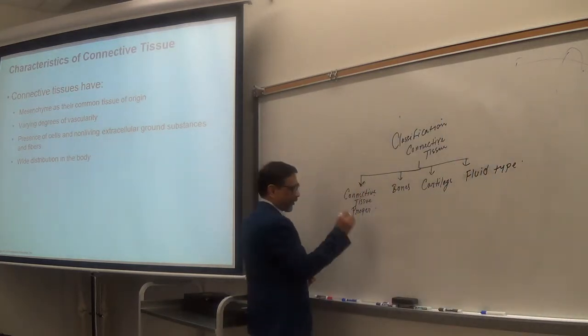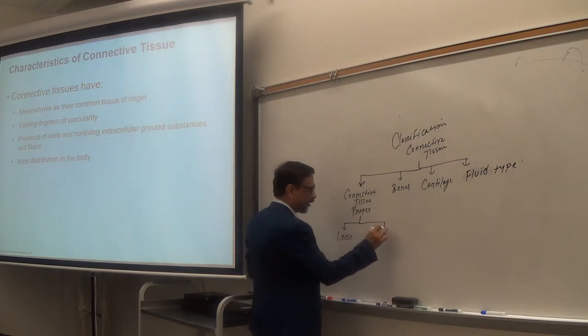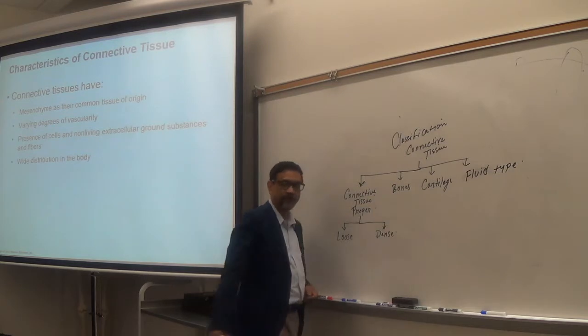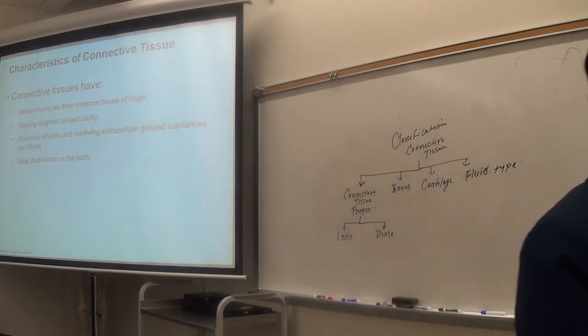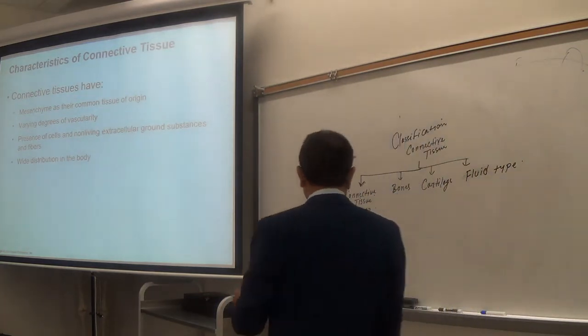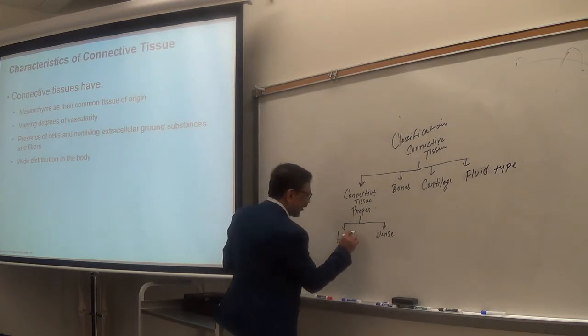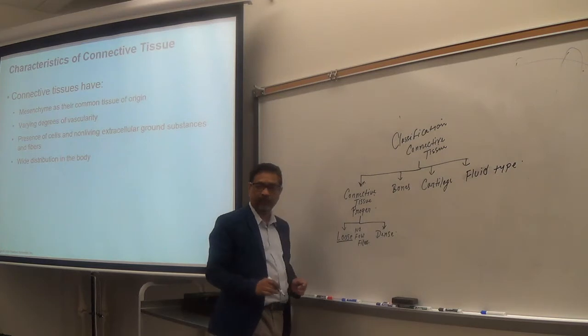Connective tissue proper is divided into loose type and dense type. Loose and dense. Why one type is called loose, another type is called dense? In loose, you have no or few fibers.